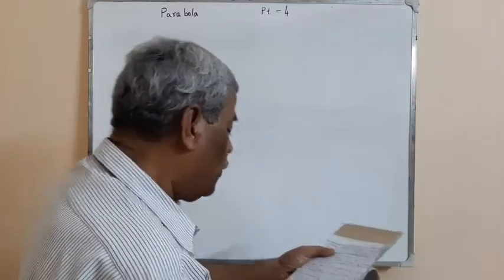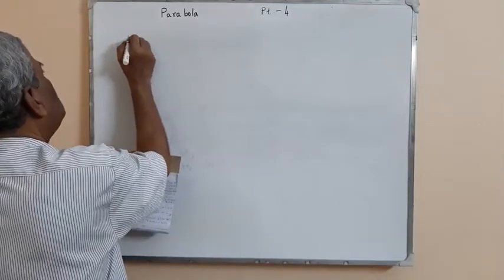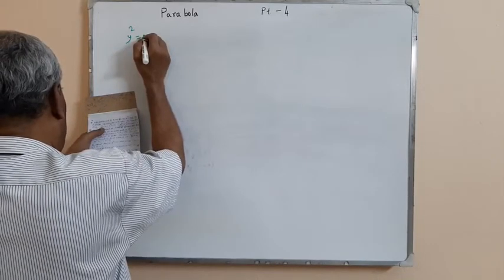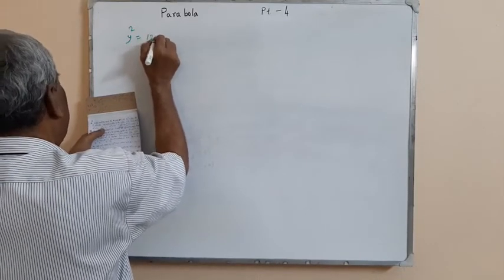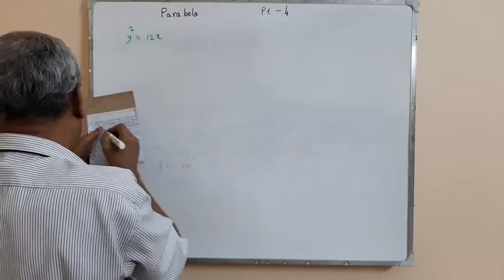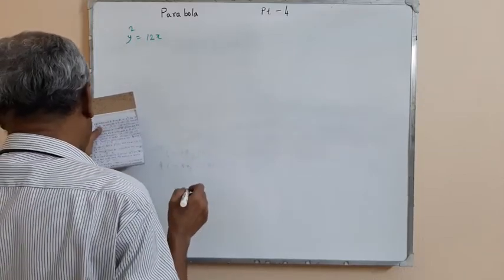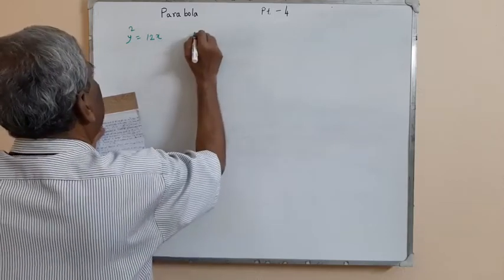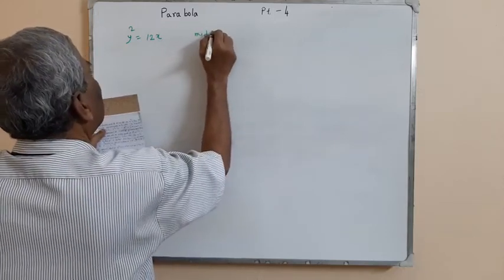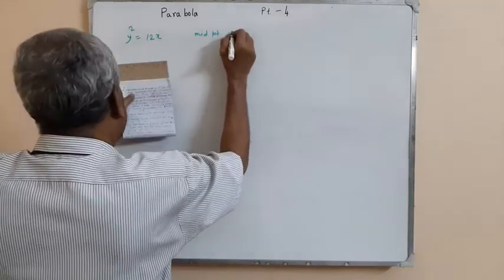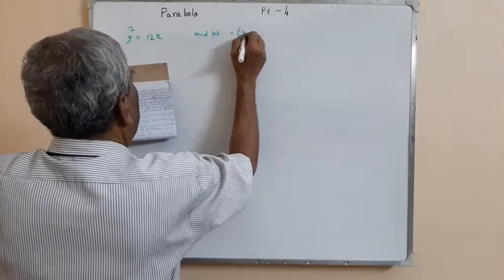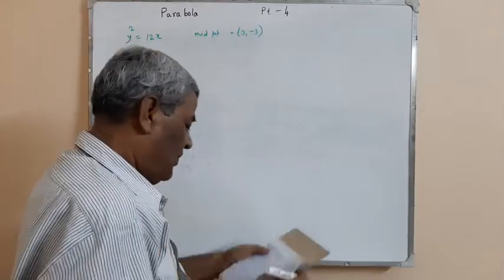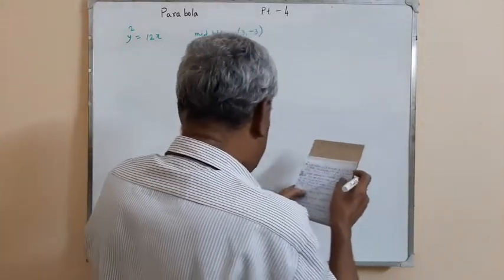The equation of the chord of y square is equal to 12x whose midpoint is at (3, minus 3).